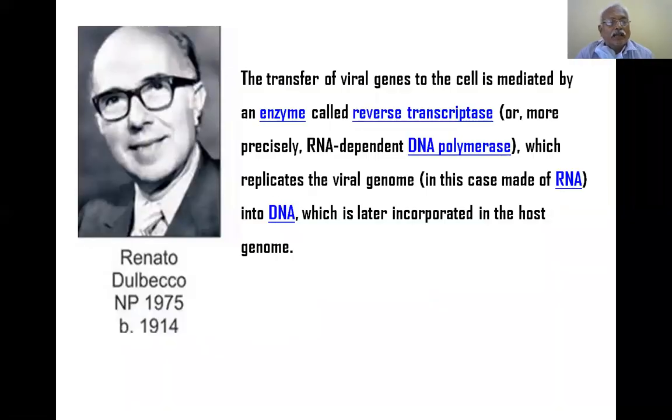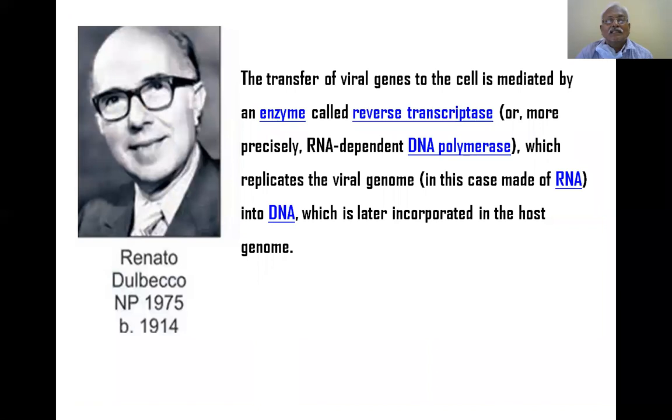He is the great man, Renato Dulbecco. He got the Nobel Prize in 1975. He was born in 1940. The transfer of viral genes to the cell is mediated by one enzyme, reverse transcriptase. That is the thing that was identified by him, Renato Dulbecco. He single-handedly bagged the Nobel Prize in 1975.